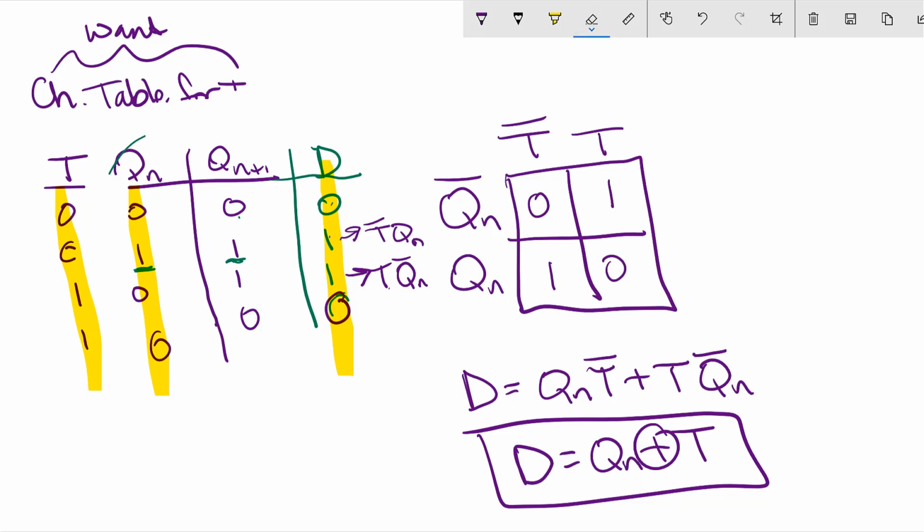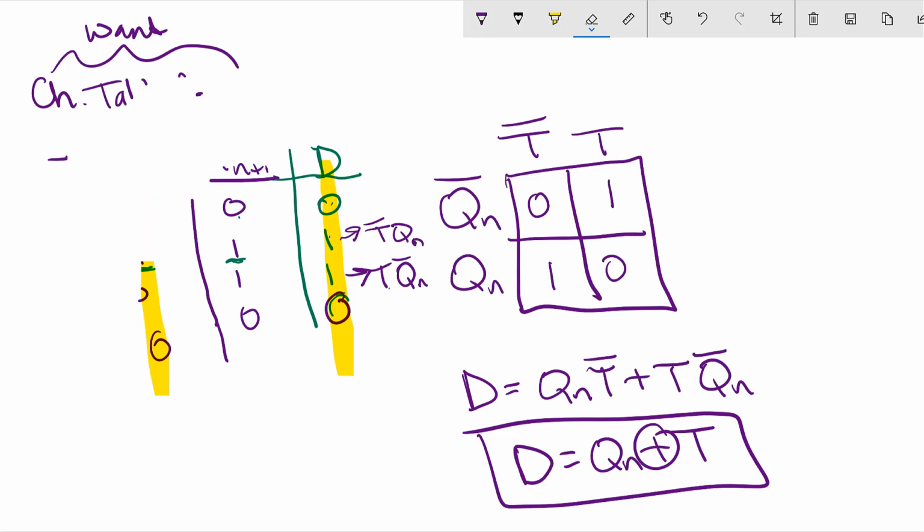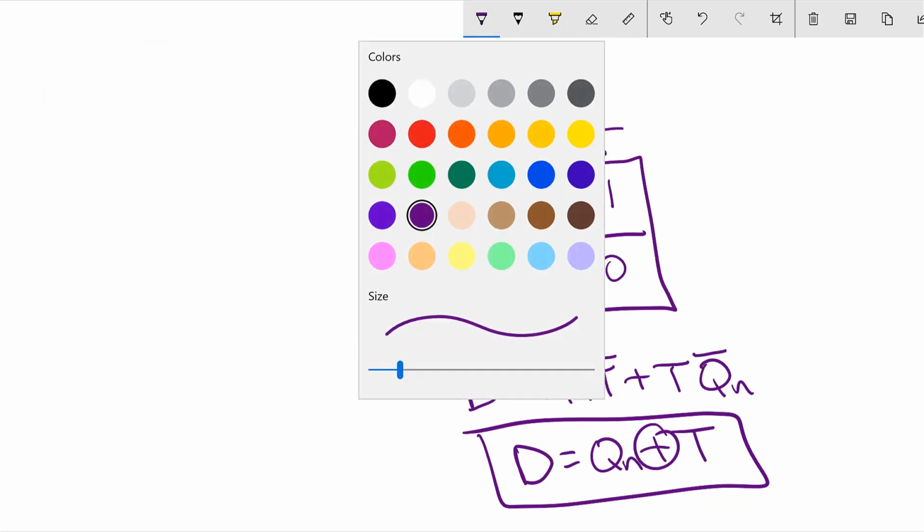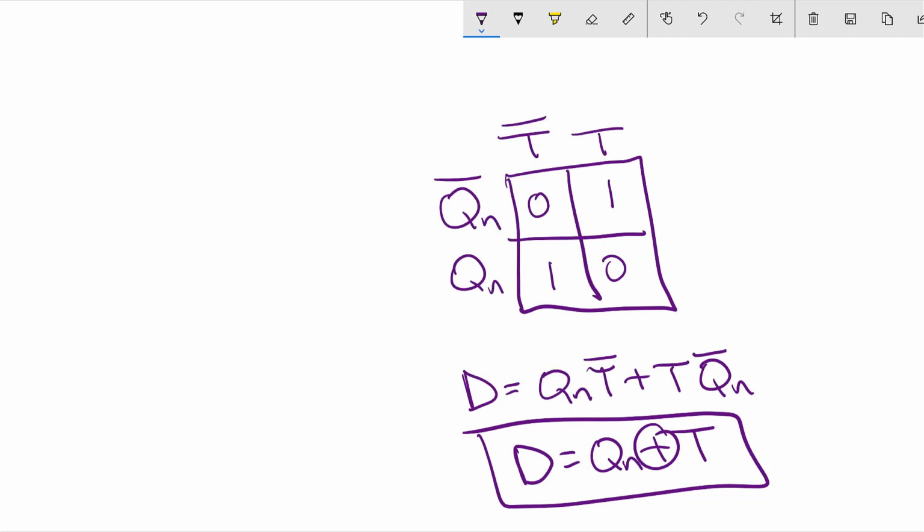All right, so what's that gonna look like for my flip-flop? We're starting with a D. You have D right here, you have some clock input right here, and then Q output right here.